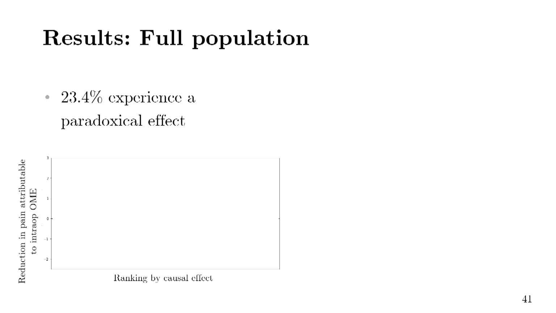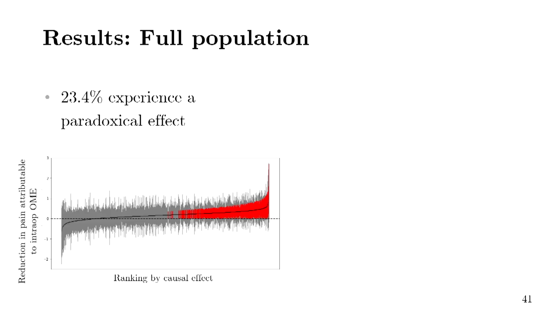On the right side of the screen, these are patients who do not benefit. Actually, they experience a worsening effect in pain if you give them an opioid. Every one of those gray dashes is a patient, and the red dashes are patients whose causal effect is statistically significantly higher than 0. So there's a statistically significant increase in pain if you give them an OME.